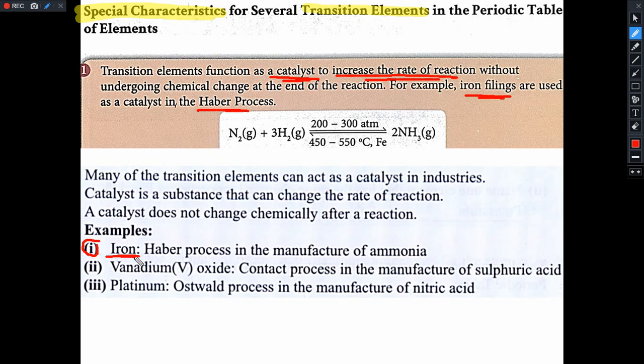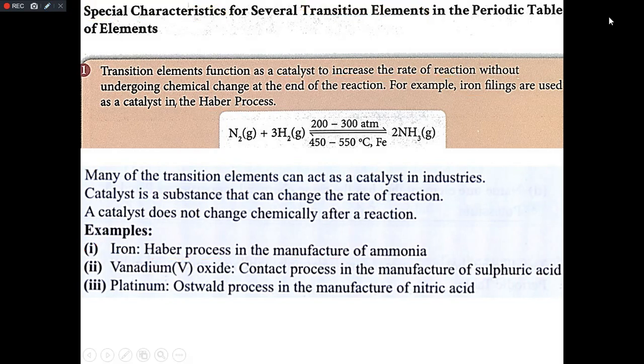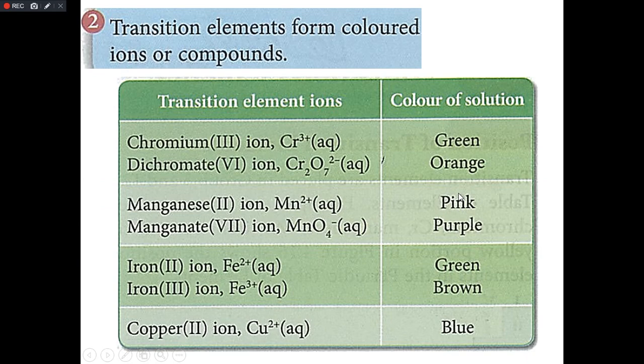Iron is an example of a transition element, and iron functions as a catalyst in the Haber process. The Haber process is a process used to manufacture ammonia. And that is the first special characteristic of transition elements.